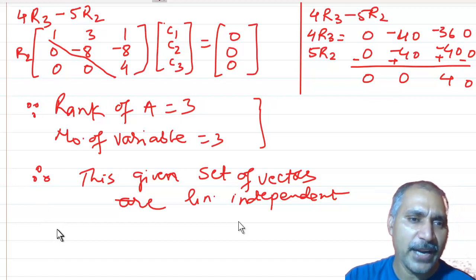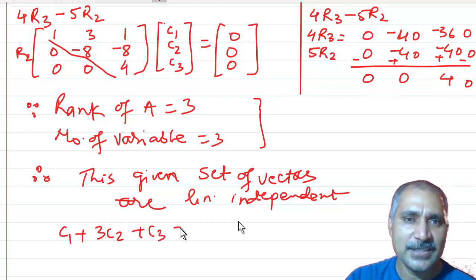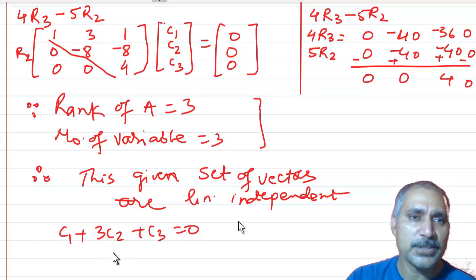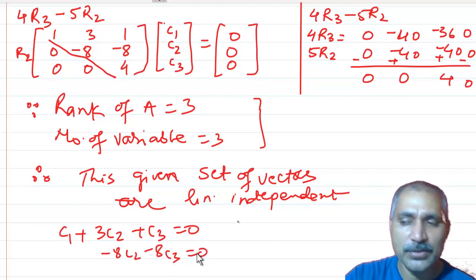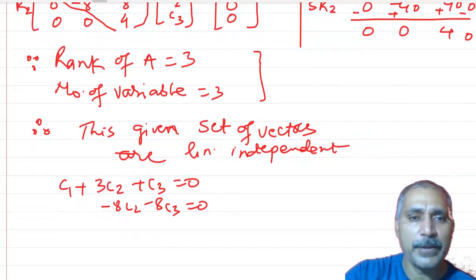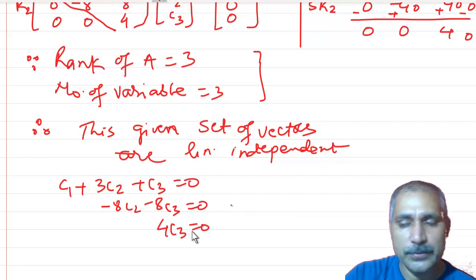So if we write in equation form, what we will be getting: C1 plus 3C2 plus C3 is equal to 0. From the second row, we will have minus 8C2 minus 8C3 is equal to 0. And from the third row, we will have 4C3 is equal to 0.